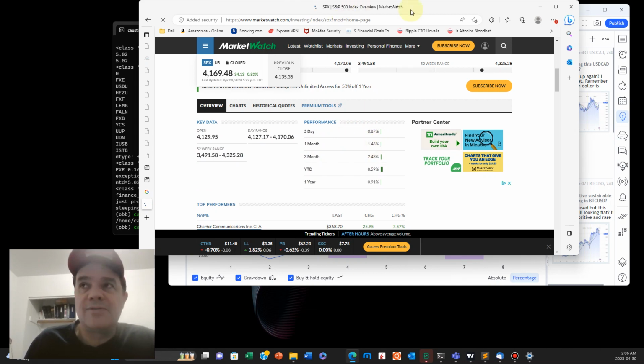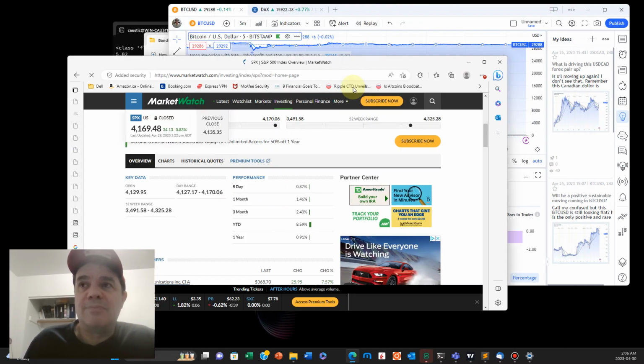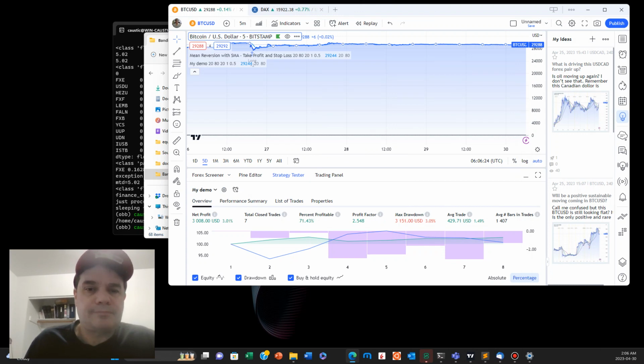There's not a lot of growth in the S&P 500 right now. So that's the thing you got to remember. That's your standard benchmark. But here, if you're getting 3% return in a 5-day period, 74% win ratio only with 7 trades, you're doing pretty good.